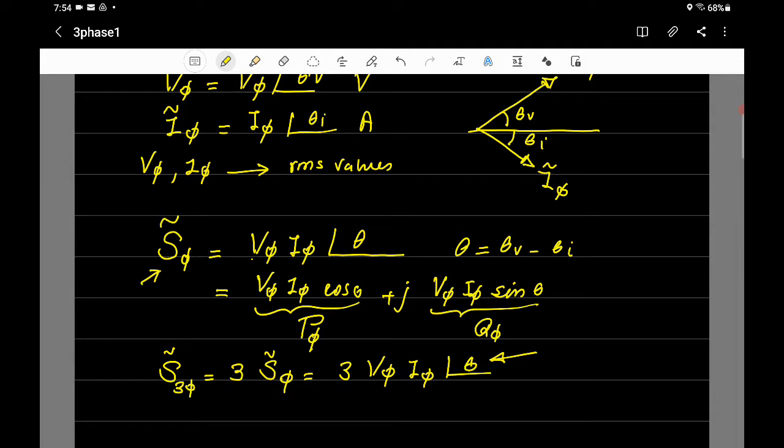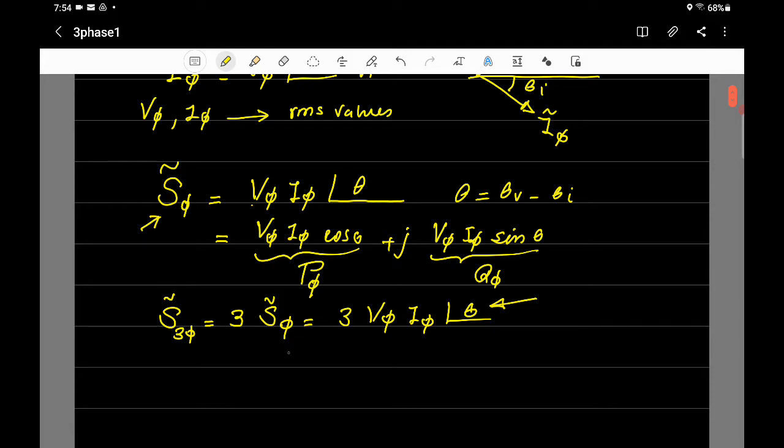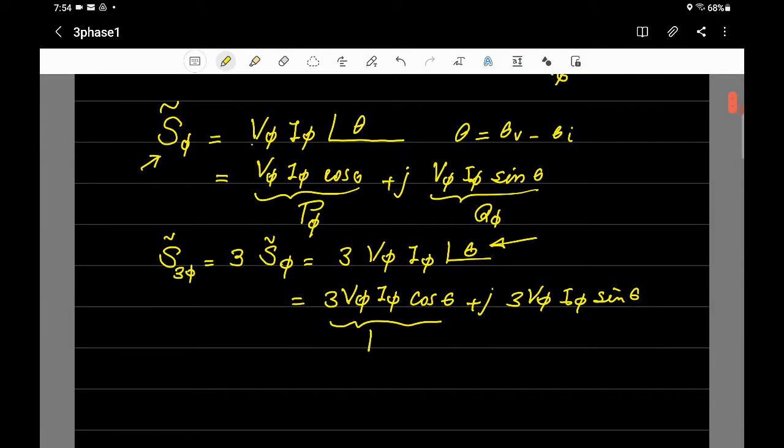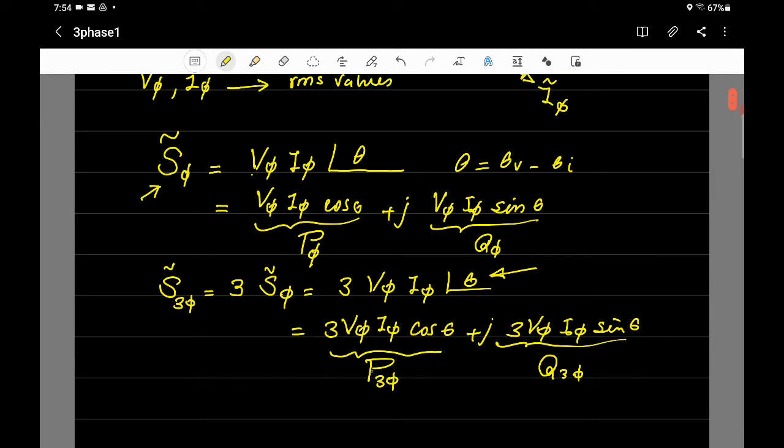Maybe there is, but we don't use it in the expression for the complex power. If you analyze that, you will have 3 V phi I phi cosine theta plus j 3 V phi I phi sine theta. So that's going to be the active power of three phase, and that will be the reactive power of three phase. You can compare everything. The three-phase power is just 3 times a single phase.